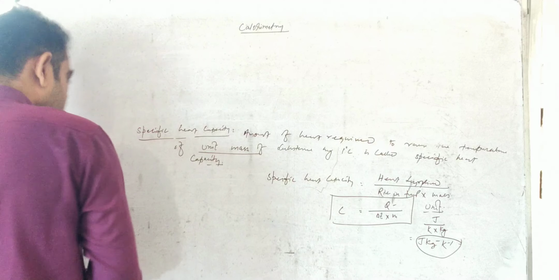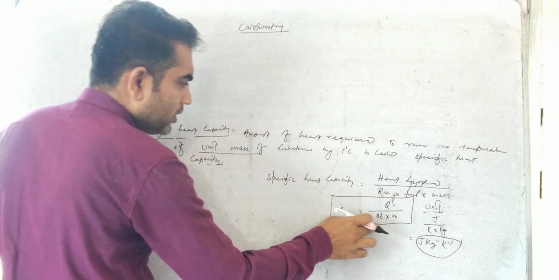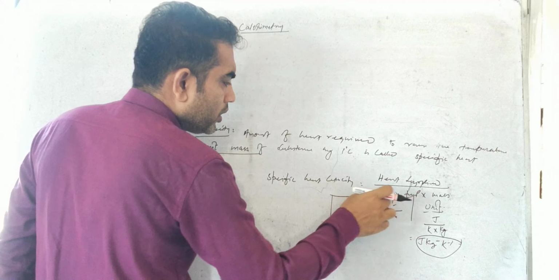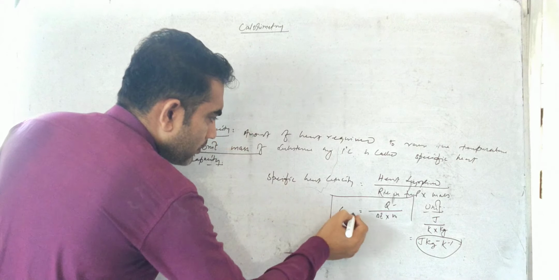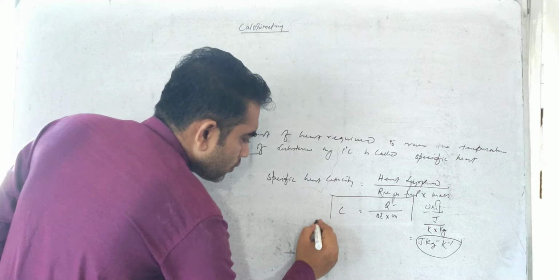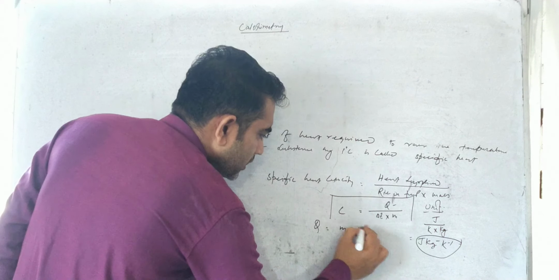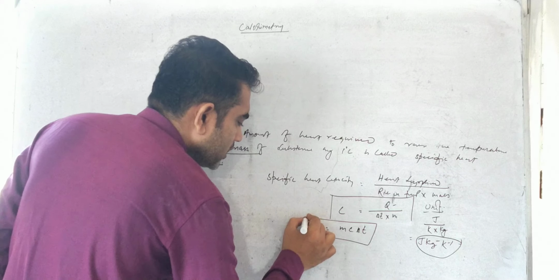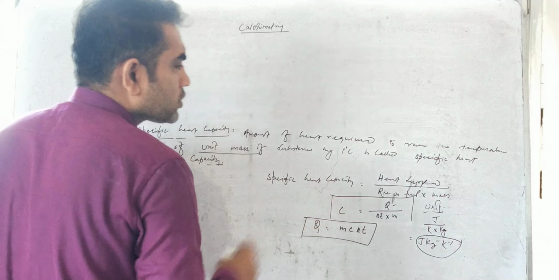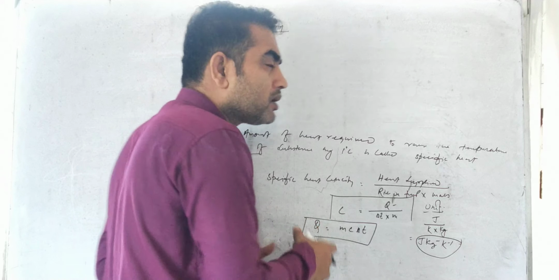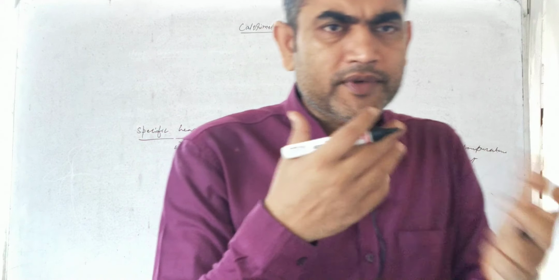From this relation we will get Q equals MC del T. That means Q, the heat supplied or released from a substance.